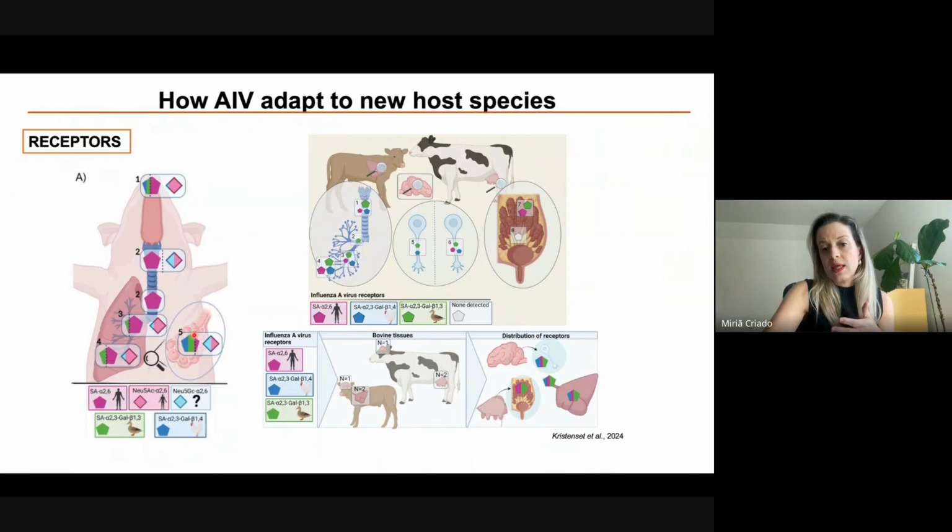And more recently, with the cases of infection of influenza in dairy cows, we have been seeing that in the mammary glands of these animals we also have the expression of not only alpha-2,6, but also alpha-2,3, which has been one of the possibilities that may favor the adaptation of this virus that previously only circulated in birds, and has now adapted and replicated in dairy cattle.